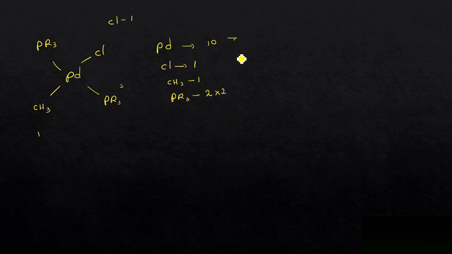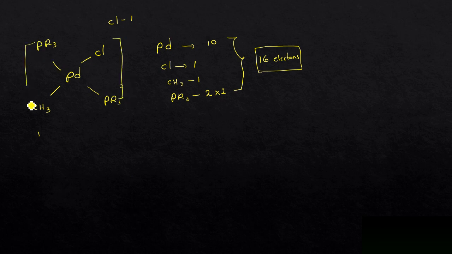So the total electrons will be 10, 11, 12, and 16 electrons. This is also not satisfying our 18 electron rule. As you can see, there are no charges, so we do not need to consider that.